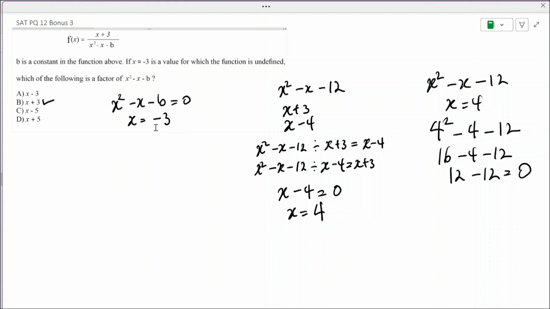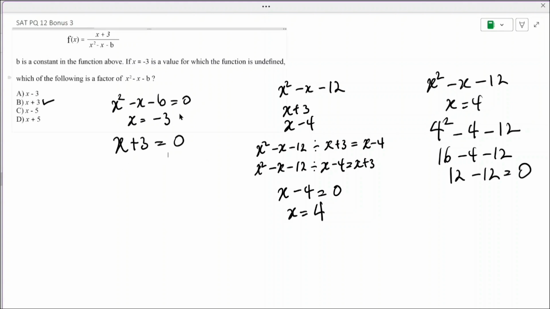So all we need to do is to take this -3 to the left to meet x. So we'll be having x plus 3 equals 0. -3 crosses the equals sign and turns to +3. Similar to this, we can ignore the equals to 0 and take it that x plus 3 is a factor of this expression.